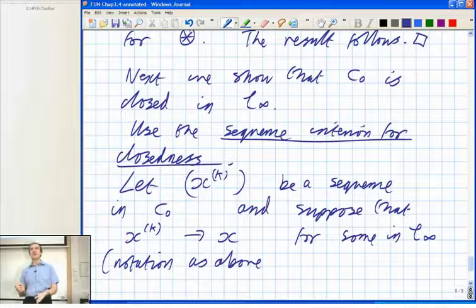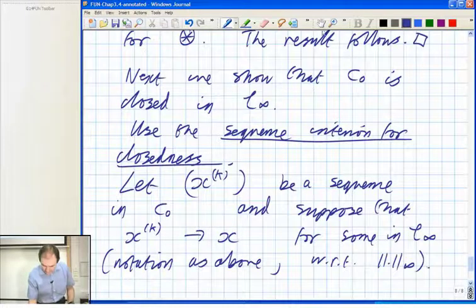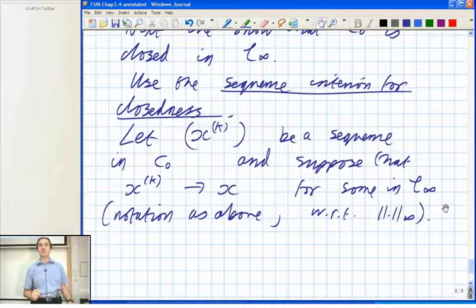So we know what all the terms of these sequences are. I'm not going to have to keep telling you that all the time. And of course, with respect to the norm infinity. We have to prove that x is also in little c0.